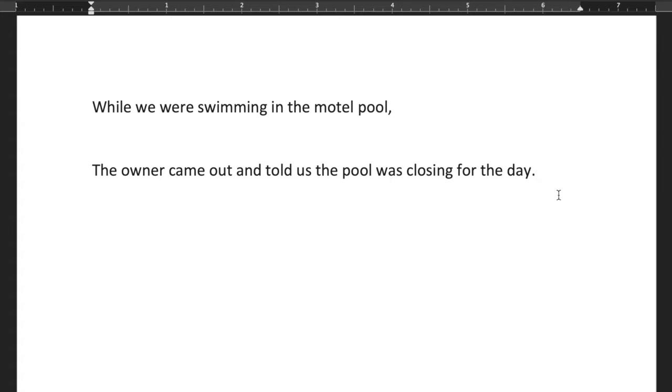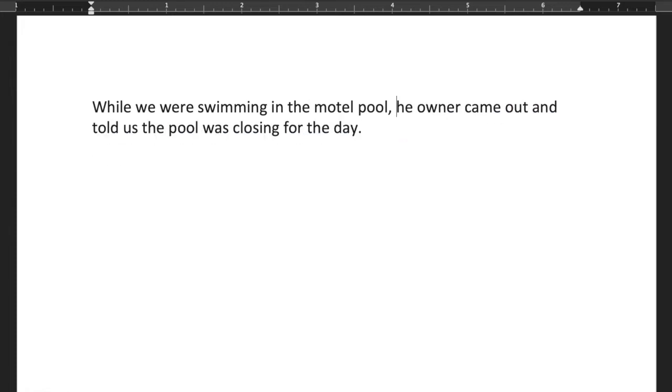It's fine. We can connect this independent clause, this complete sentence, to this dependent clause, because this clause depends on this clause to make it complete.